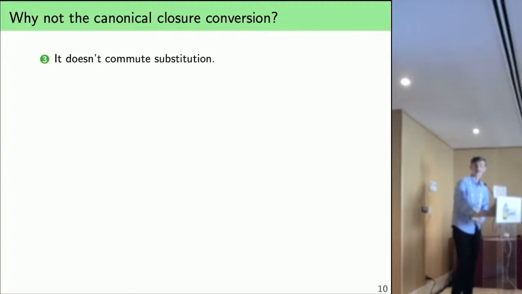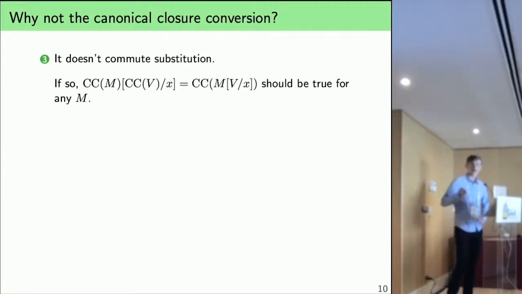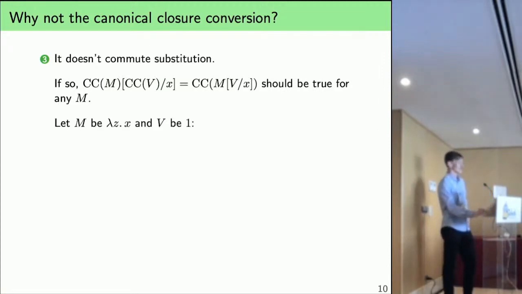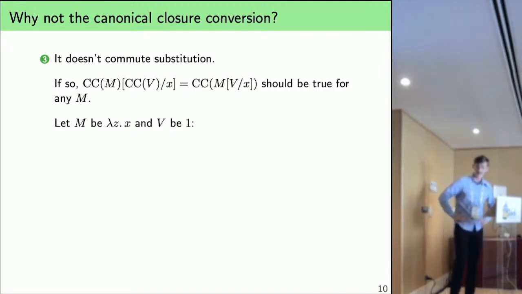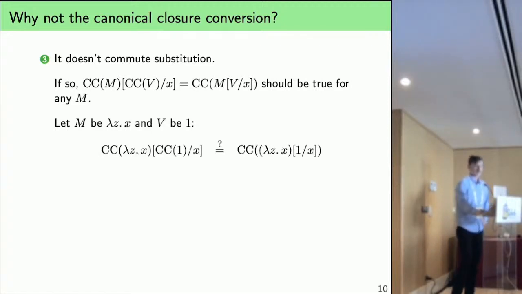Another problem with it is it doesn't commute with substitution. So if it did commute, we'd be able to closure convert and then apply substitution, and that should be equivalent to applying the substitution, then do closure conversion. At least not. It doesn't. Here's a nice little counterexample for that: if we just have lambda x, z dot x, so we have one free variable, this is the thing that would need to be true.